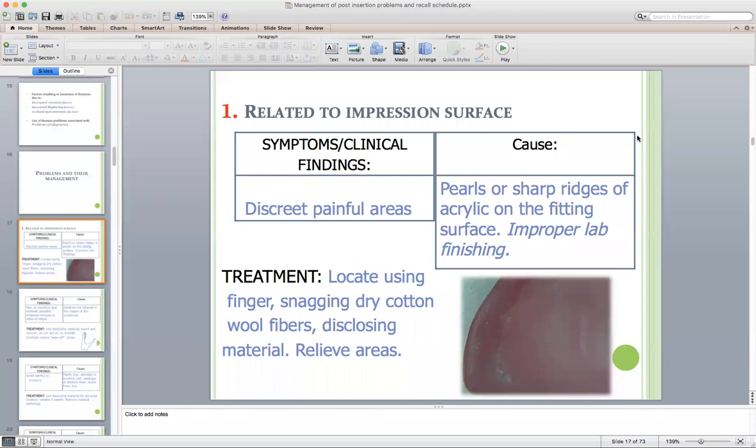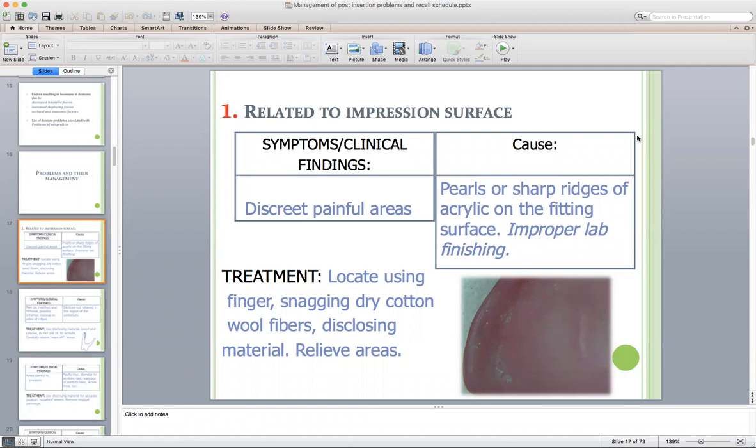That means the denture has not been checked after finishing and polishing using a cotton test. Now, what is this cotton test? Once the denture is absolutely ready to be inserted into the patient's mouth, take dry cotton and place it over the intaglio surface of the denture.